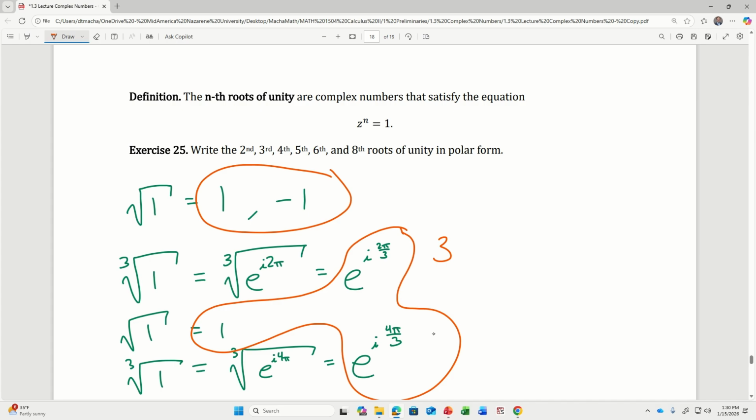And these are called the 3 third roots of unity. Roots of unity sounds really fancy, but unity just means the number 1. So these are just the 3 cube roots of the number 1, where unity is 1.